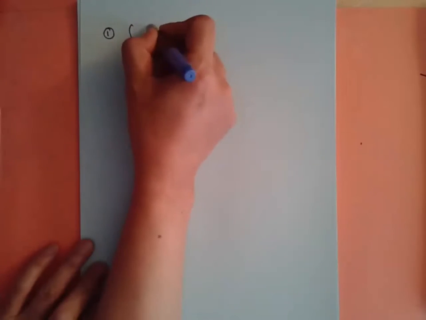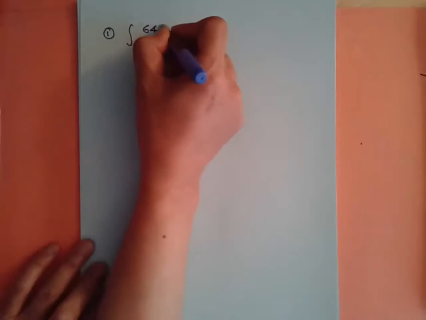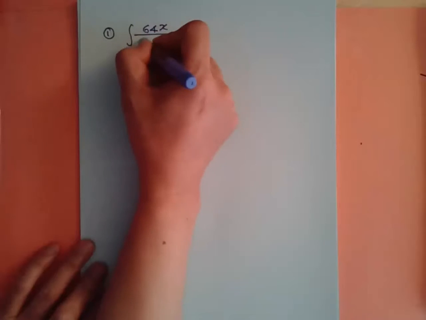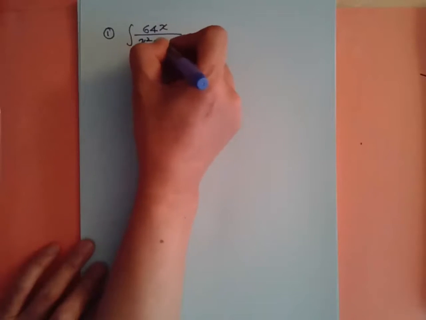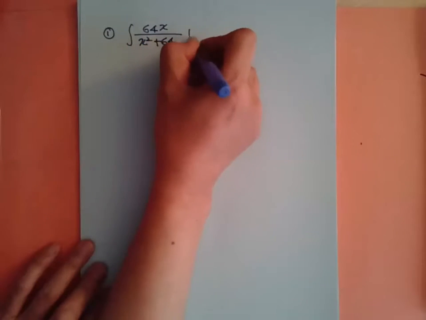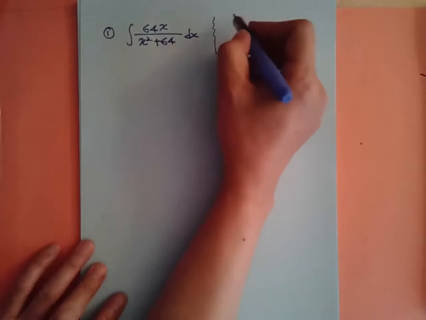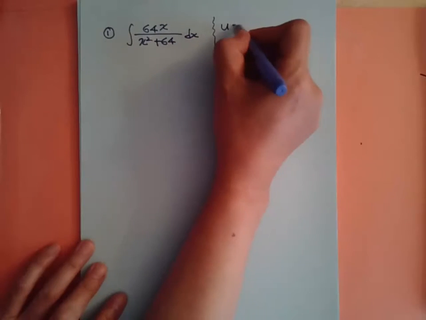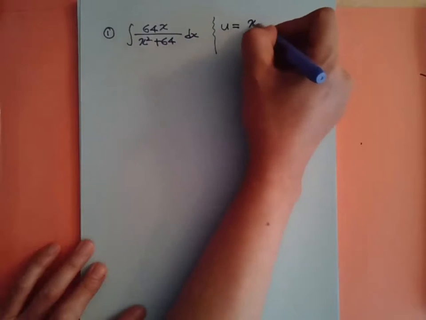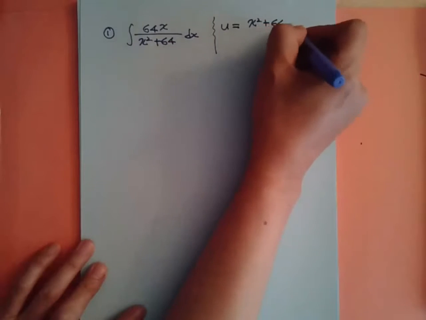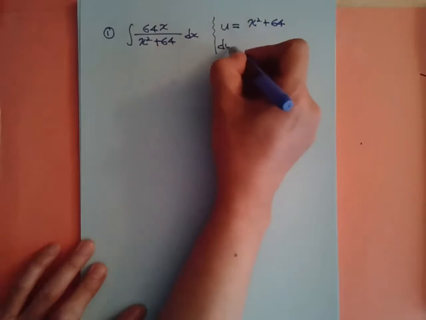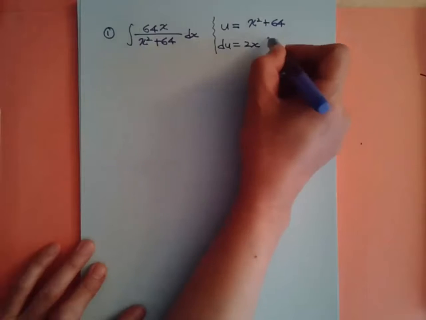So for the integral of 64x over x squared plus 64 dx, let u be the denominator, x squared plus 64, and then du equals 2x dx.